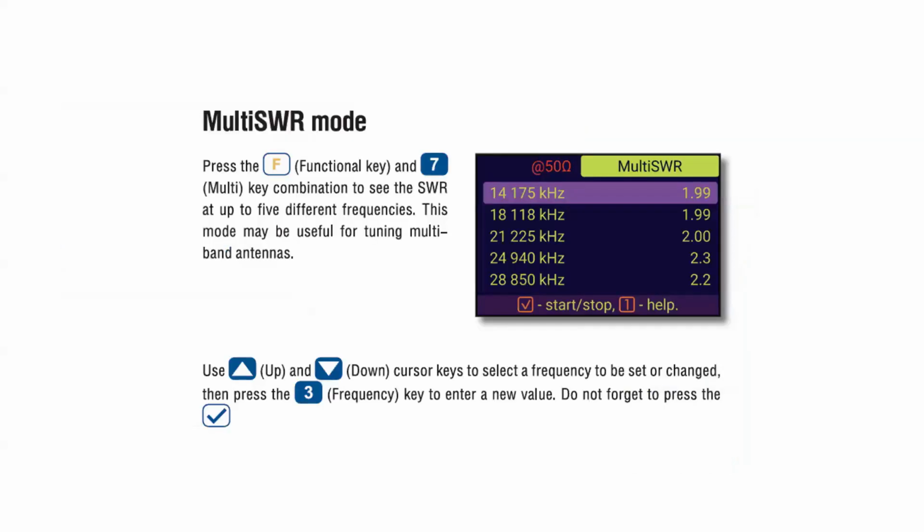But a feature I love is you can pick 5 frequencies and press a button, and it will measure the SWR on all those frequencies in seconds. So I've got my favorite frequencies. Say I'm hooking up to the hex beam, which covers multiple bands. I just press the button, it checks out all the bands. I'm good to go. So I really love that feature.